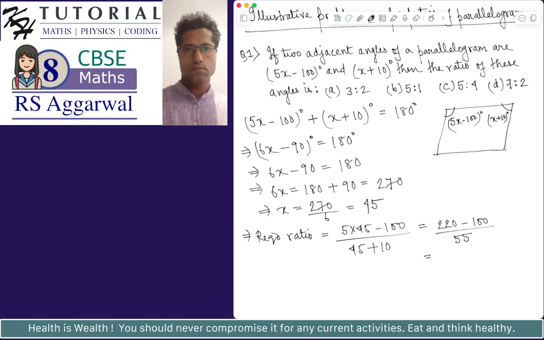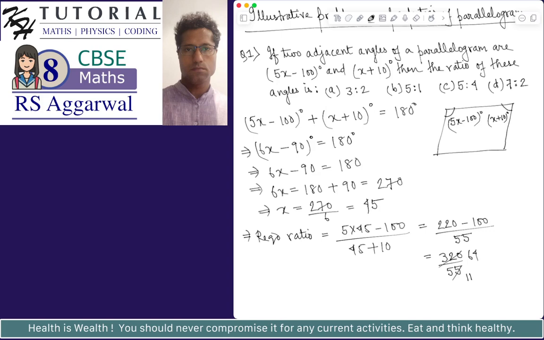This is equal to 320 divided by 55. After simplification, we have 11 and 64.